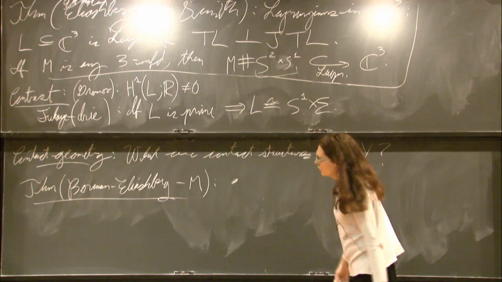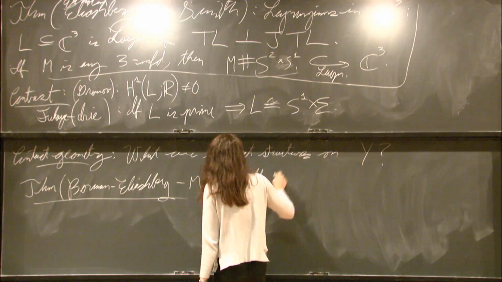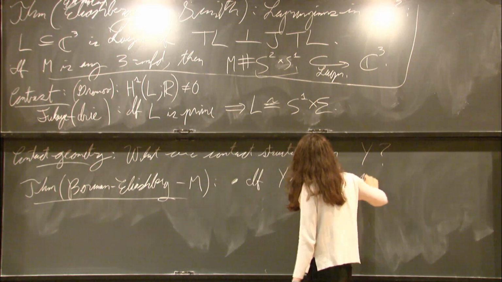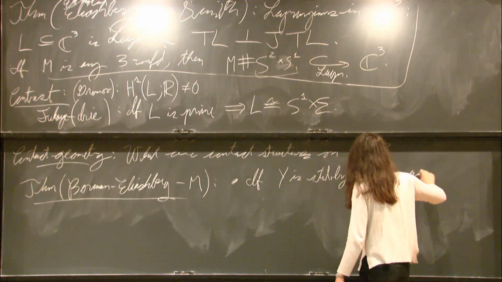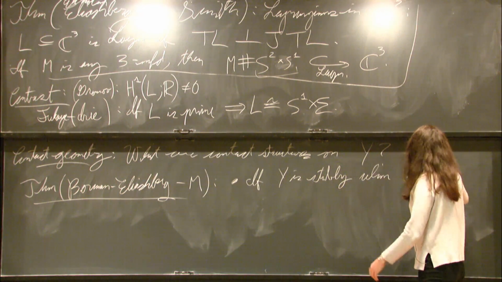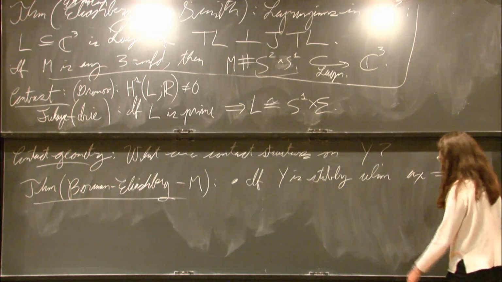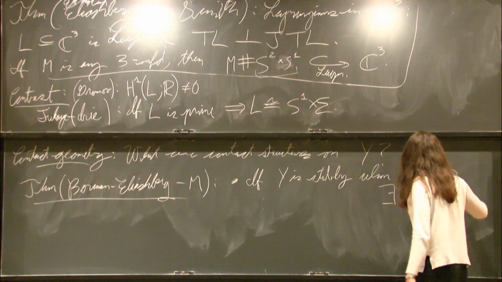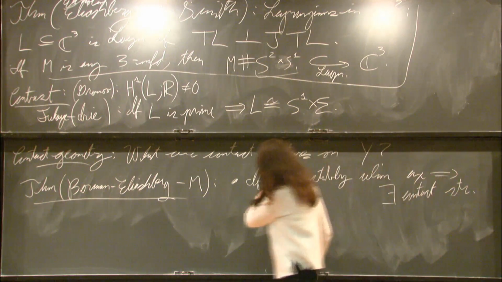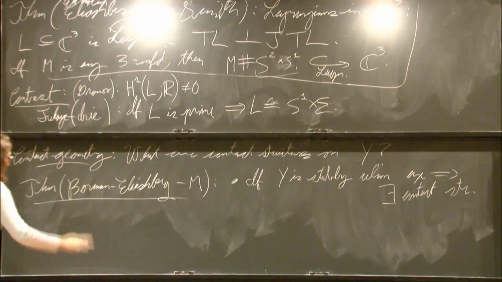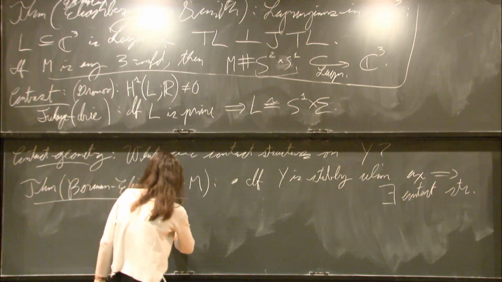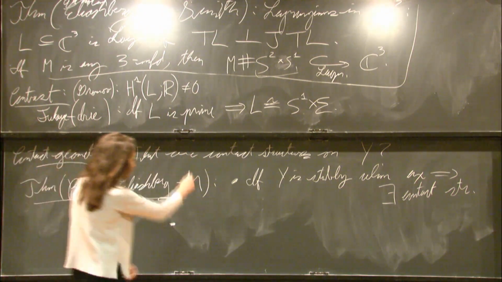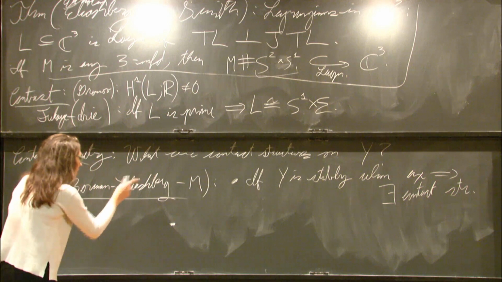First of all, if Y is stably almost complex, then there exists a contact structure. This was known in dimensions 3 and 5 previously, but we proved this in higher dimensions.